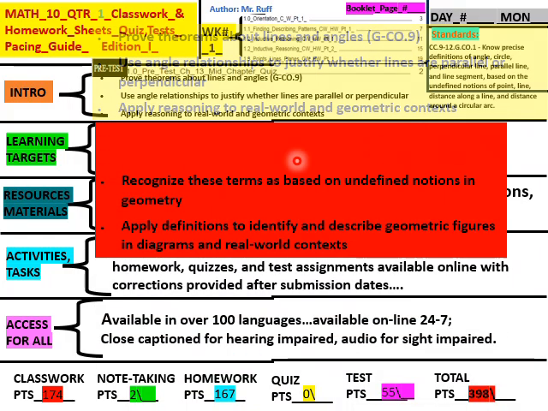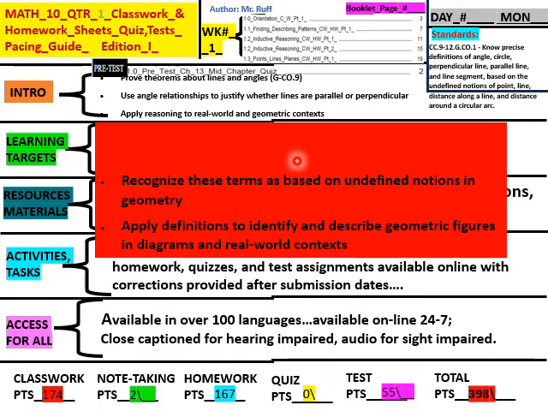And then our learning targets here are: recognize these terms as based on undefined notions in geometry, apply definitions to identify and describe geometric figures and diagrams in real-world context. And then our intro to week 1: prove theorems about lines and angles, G.CO.9, and use angle relationships to justify whether lines are parallel or perpendicular, apply reasoning to real-world and geometric context.